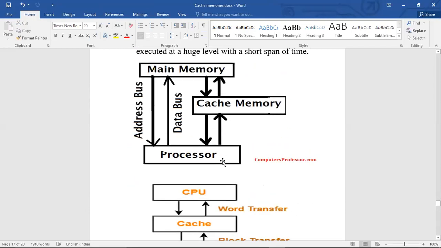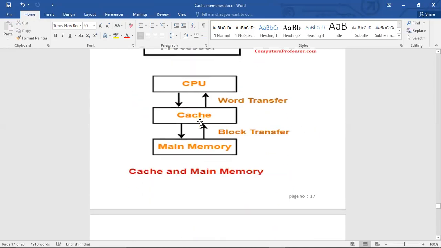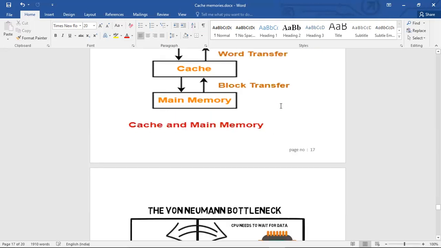The cache may lie in between the processor and main memory. Between cache memory and main memory, data is transferred blockwise, and between CPU and cache, the data is transferred wordwise.